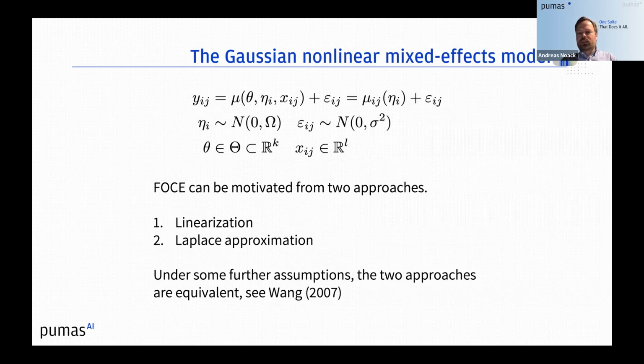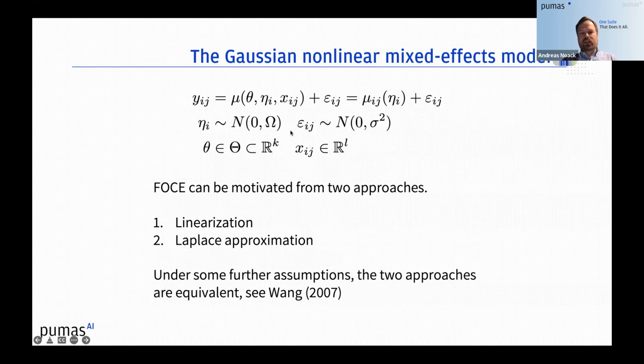Since we're not interested here in the covariates, and initially not so much in the population parameters, we abbreviate the mean to mu ij, which is then just a function of eta, because that's the interest here. We'll figure out how to get rid of that eta, or integrate out that eta.